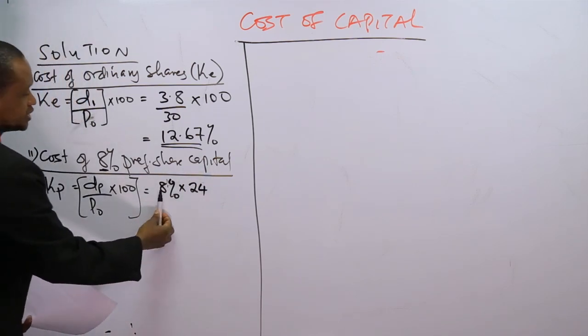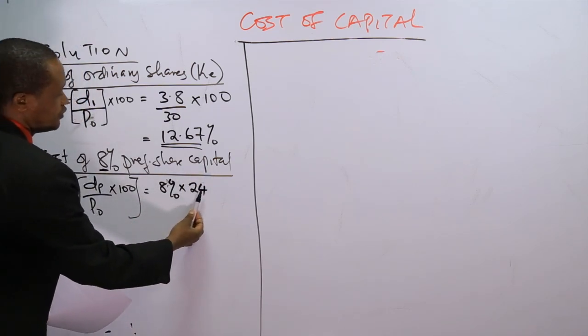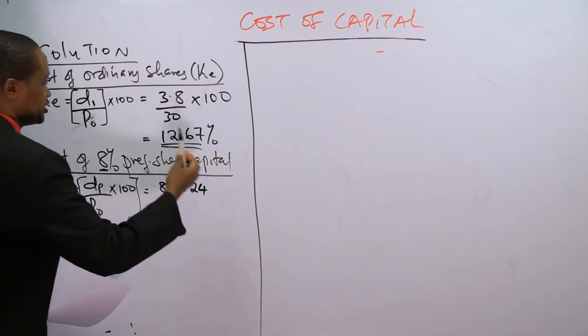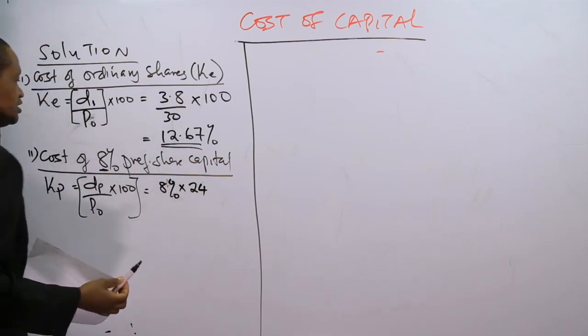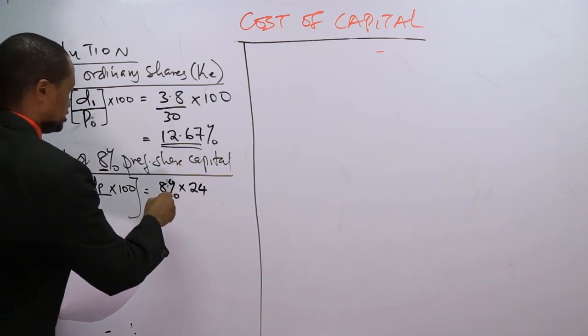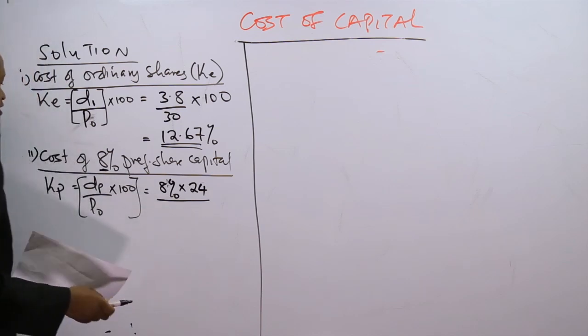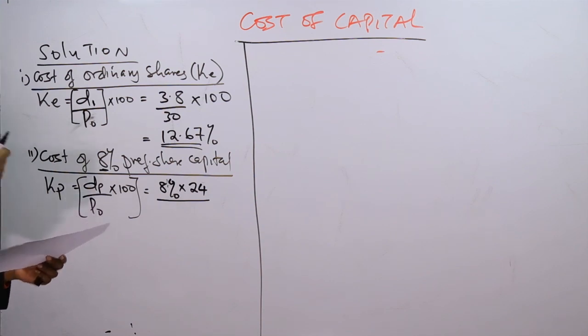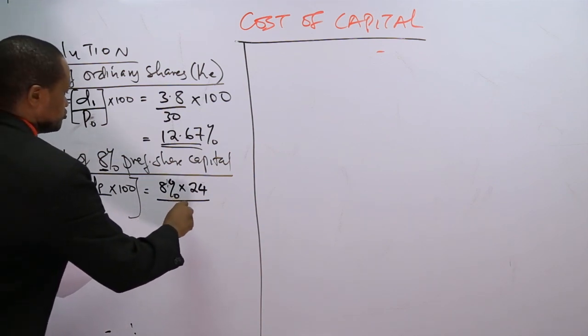So 8% times 24 shillings, that will be the return, the dividend per share for the preferred shareholders. Then we divide by the market price. The market price from the table under additional information, 8% preferred shares, the market price per share is 20 shillings.